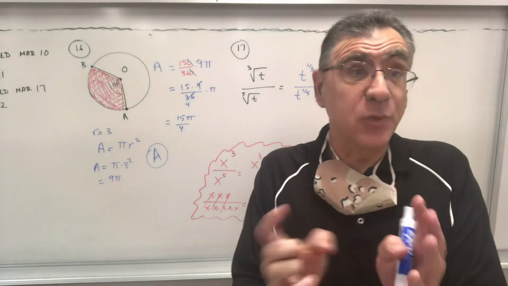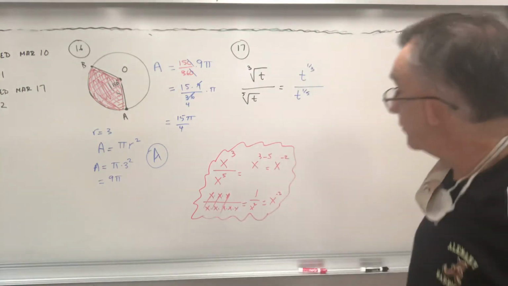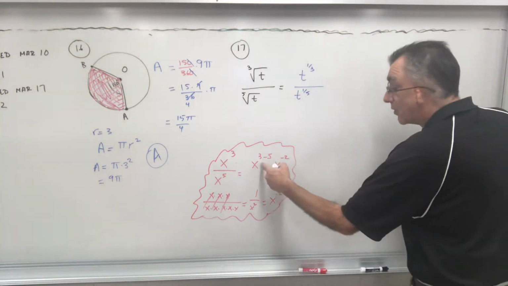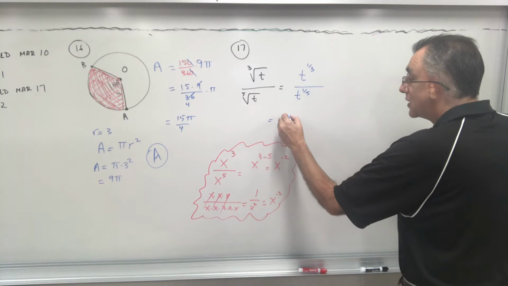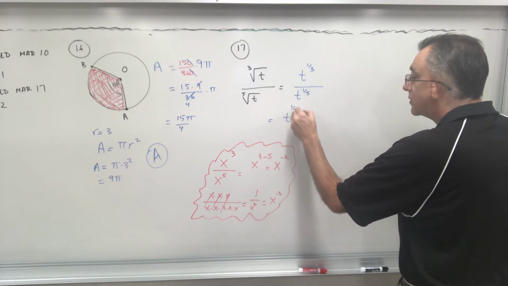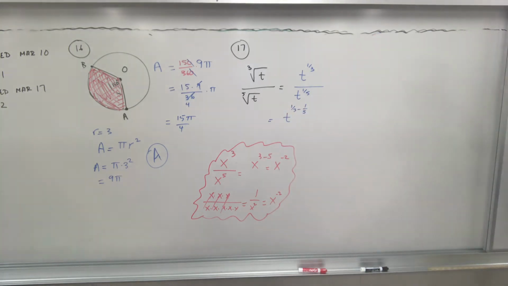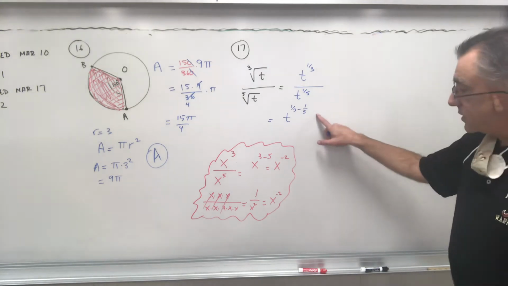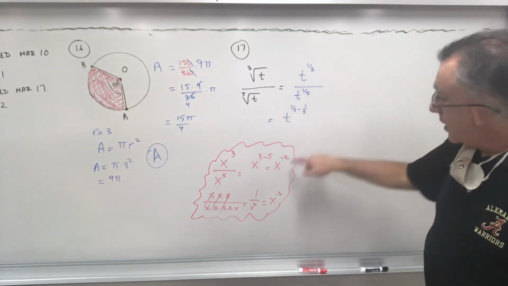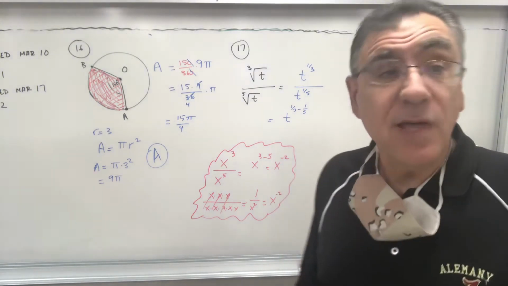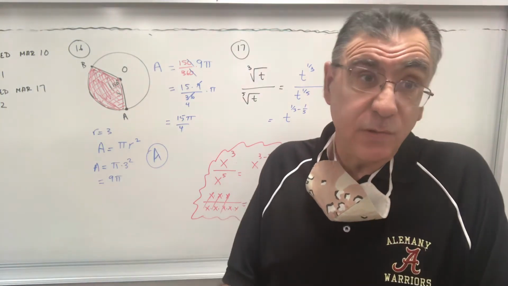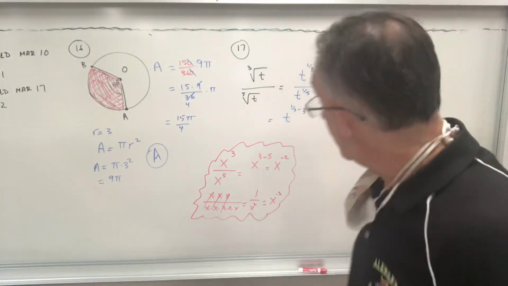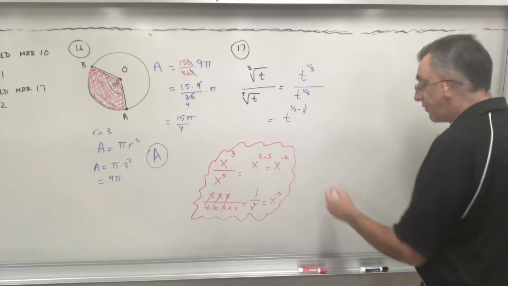I'm not saying it's super duper hard, but we just have to realize that the rule is the same. I'm going to take t to the 1/3 minus 1/5. The problem is when I bring that up, we can't probably do that in our head. Well, some of us might be able to, but let's work it out. Remember how we do fractions?